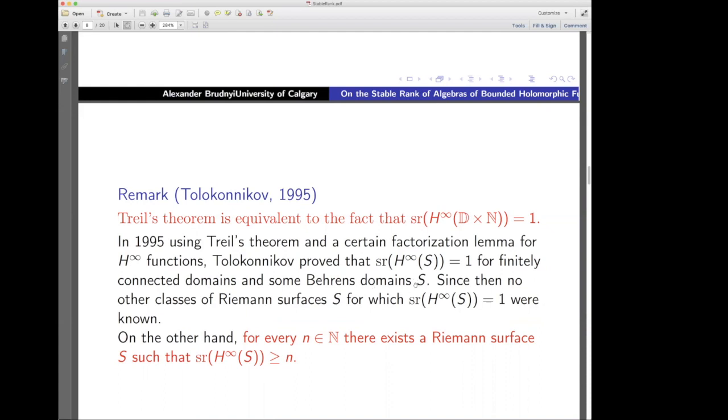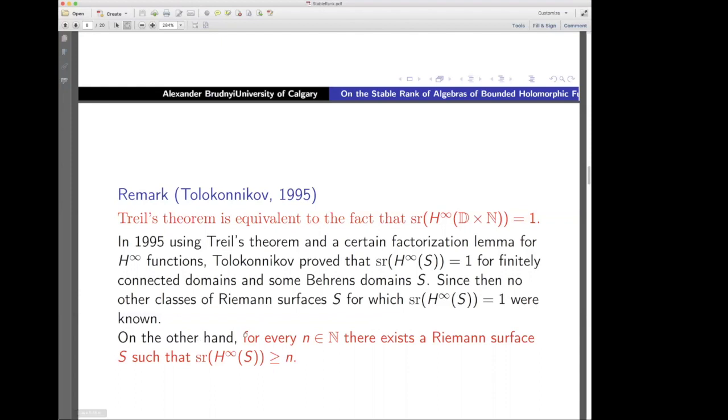Since then, I believe there are no other classes of Riemann surfaces for which it is known that the stable rank of H infinity is 1. I believe so, but maybe someone here from my listeners can give me a reference if I'm wrong here.